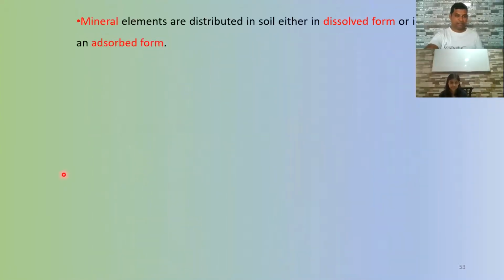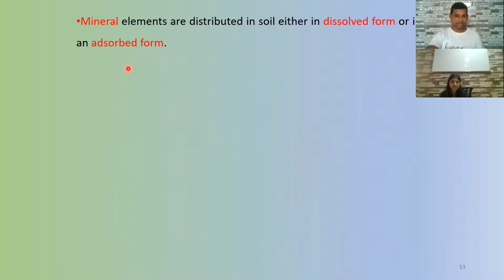Now, see this. Along with the water, there are mineral elements which are present in the soil. जैसे soil में naturally minerals होते हैं, हम fertilizer वगैरह डालते हैं. So there are minerals available in the soil for the plants. They are taken up by the plants either in a dissolved form or in an adsorbed form.